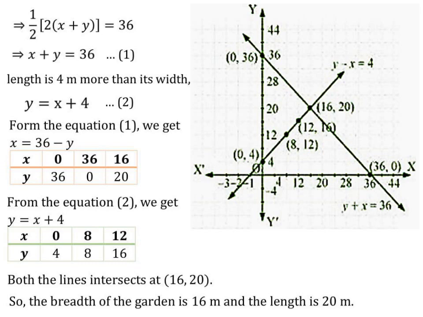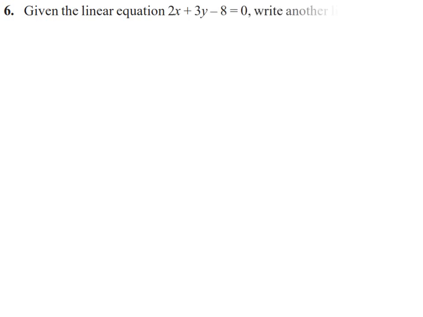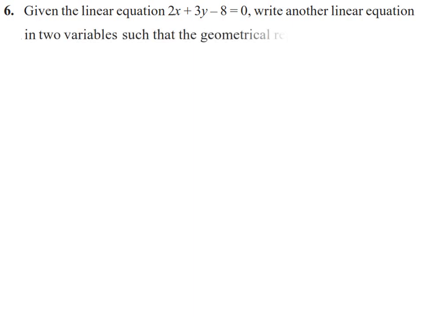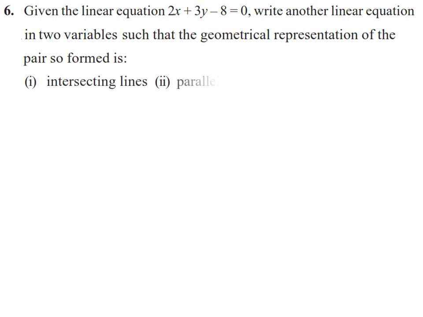Now the next question, the sixth question: given the linear equation 2x plus 3y minus 8 equals 0, write another linear equation in two variables such that the geometrical representation of the pair so formed is intersecting lines, parallel lines, and coincident lines.